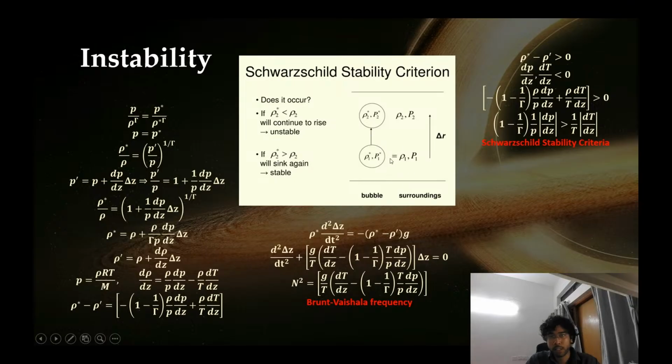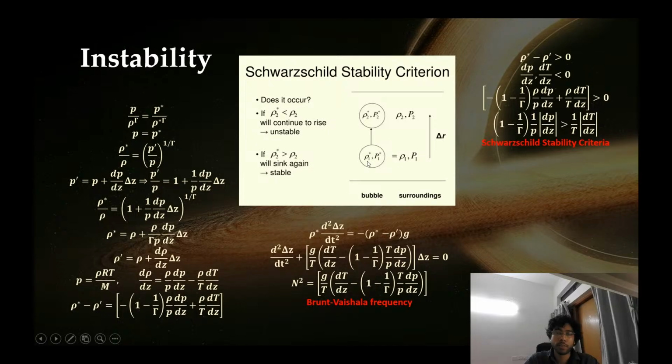Right? So let's say we consider one layer of the fluid which has some density and pressure rho 1 and p1, and another layer at some higher position with density and pressure rho 2, p2. Now we take a bubble within that fluid which has some density rho 1 star, p1 star, different from the surrounding.